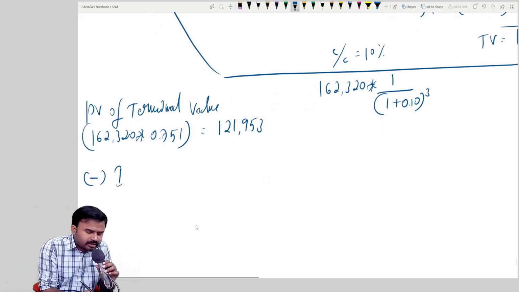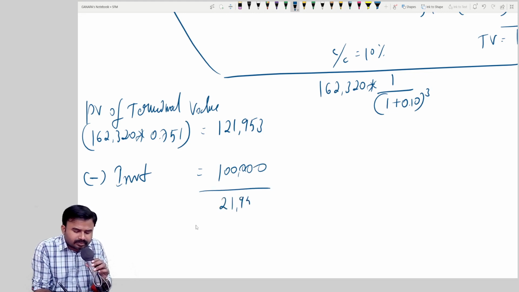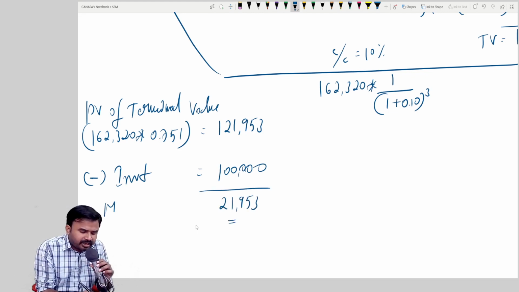Minus my investment, nothing but the present value of cash outflows, today's outflow, 1 lakh. This is my modified NPV.